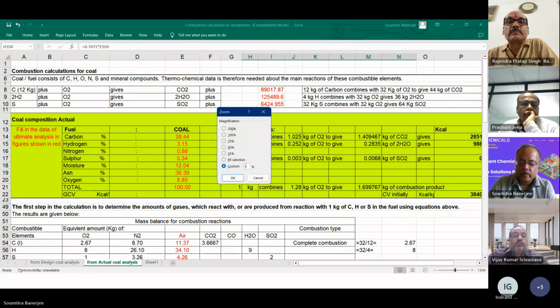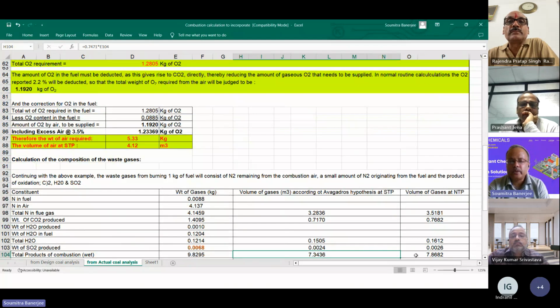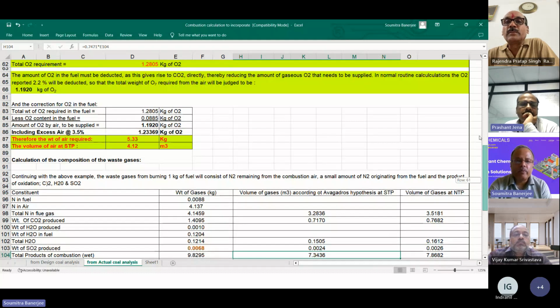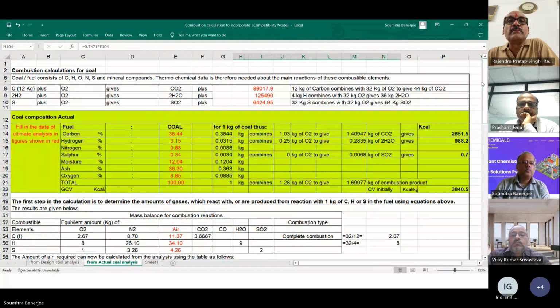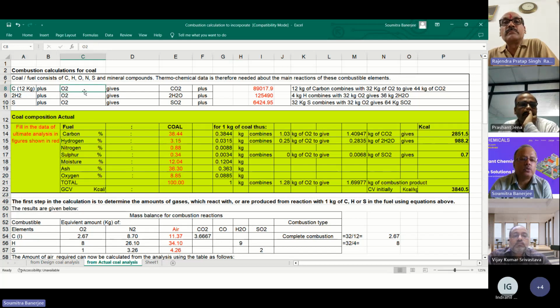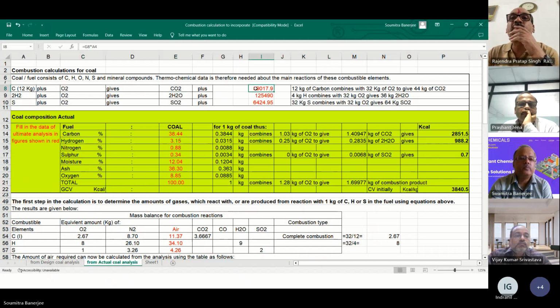Correct, sir. So actually, this Excel sheet is made from actual coal data. If I calculate this, then this is what I get. 12 kg of carbon combines with oxygen, gives CO2, and gives you this much energy.